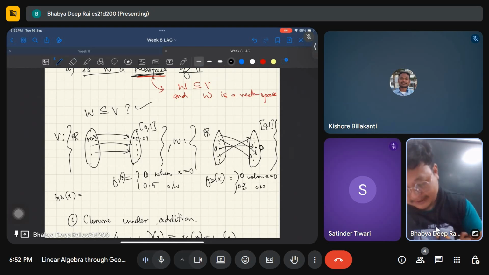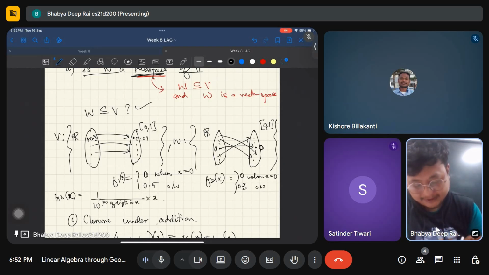F3 of x, if x is a real number, is 1 by 10 to the power of the number of digits in x, times x.